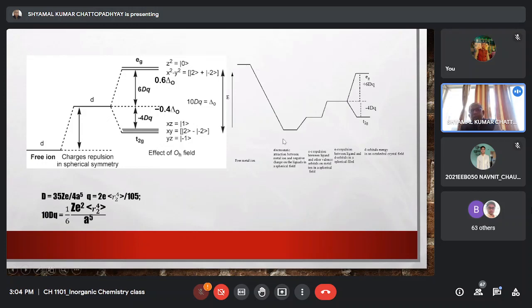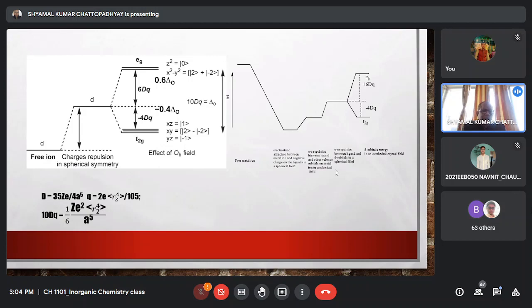So this picture clarifies the stability of the complexes, and really all the d orbitals have got lower energy than the free ion when it is in the complex state. So this explains the crystal field splitting in an octahedral field.